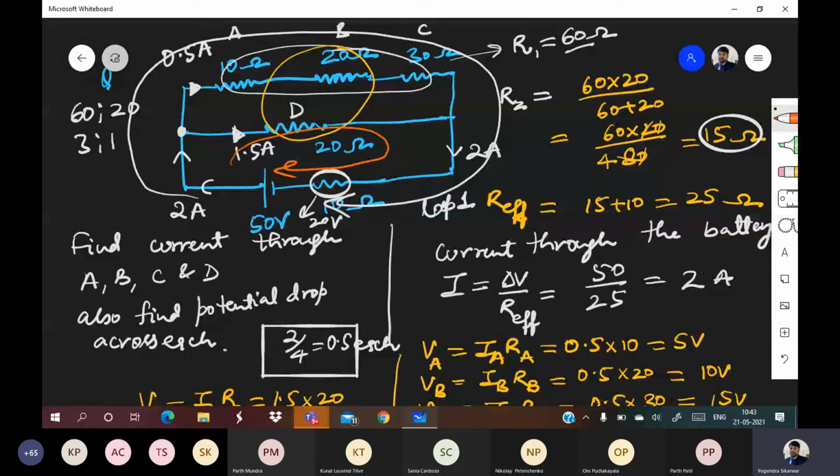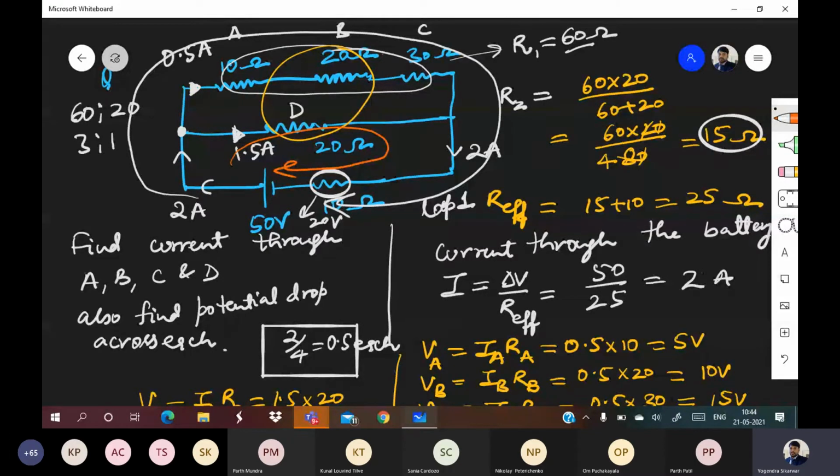Basically, I was using a word KVL, Kirchhoff's voltage law. Kirchhoff's voltage law says that the sum of total potential drop across all circuit elements in a closed loop is 0.